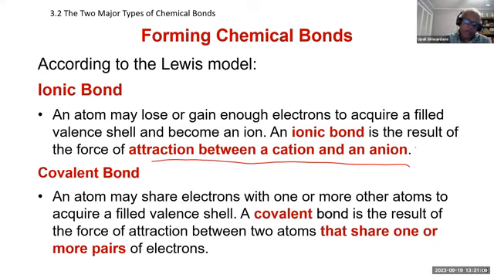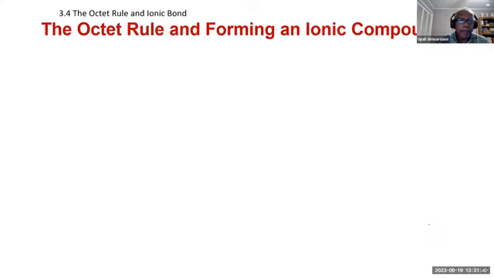A covalent bond, on the other hand, results from the force created by sharing one or more electron pairs. So there's no charge transfer like cation and anion formation in a covalent bond. There are two major types of chemical bond based on the octet rule, called ionic bond and covalent bond.